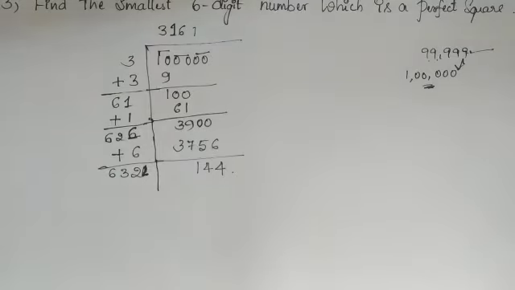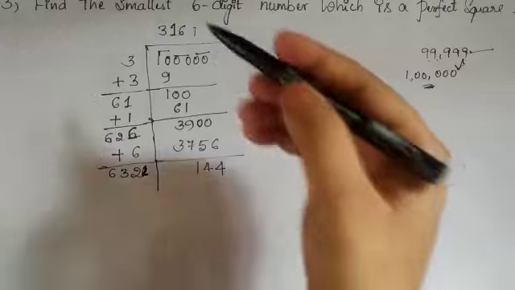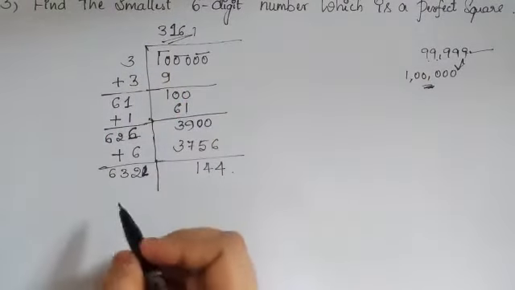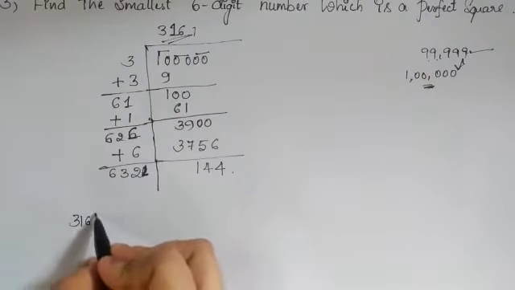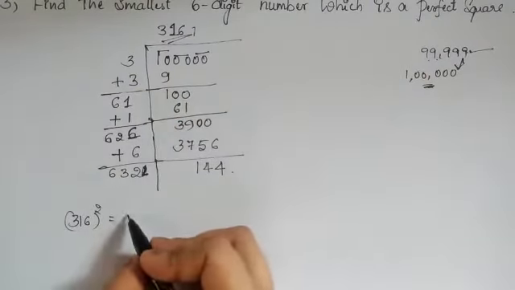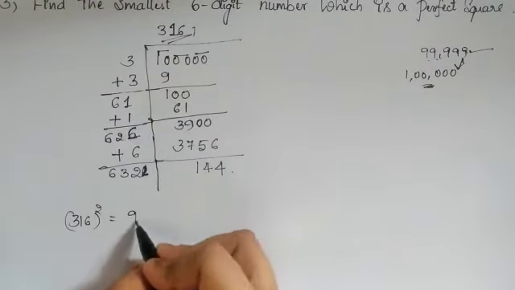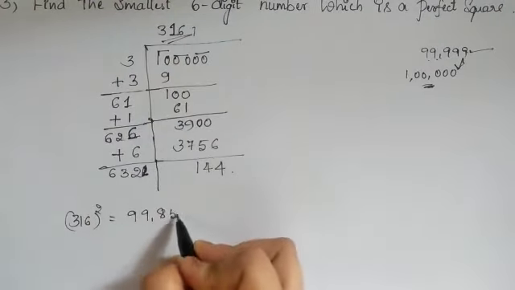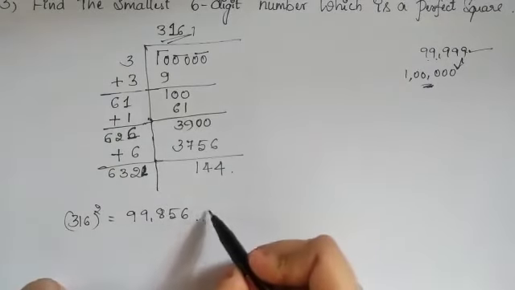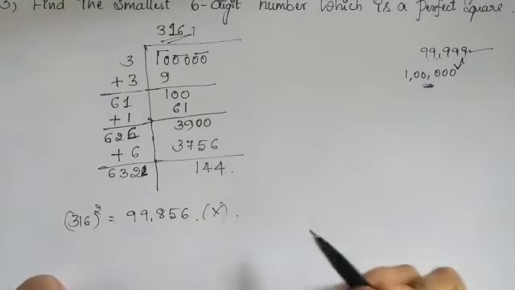That means we have to consider numbers in and around. Here I have got 316. Let me consider 316 squared. If I multiply 316 into 316, I'll get 99,856. So 99,856 is a 5-digit number. So this is also not possible.